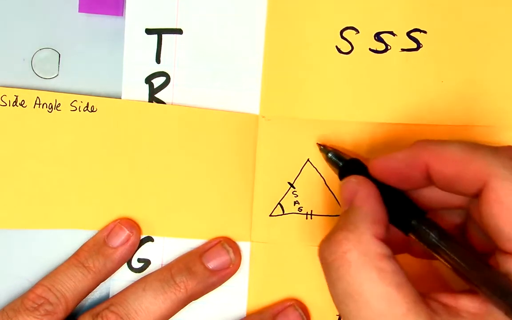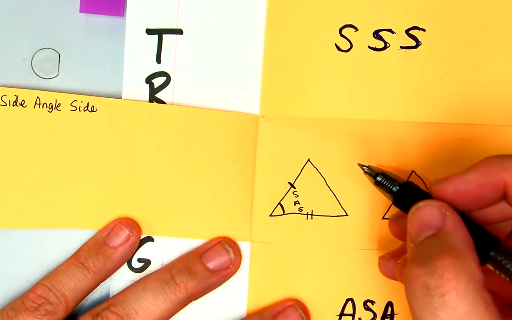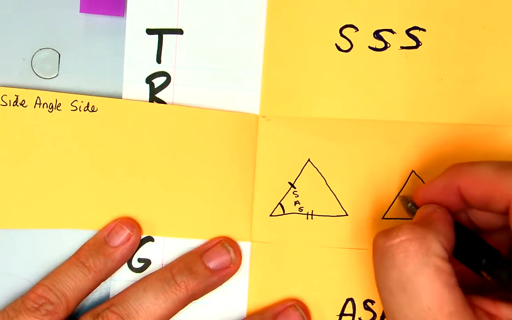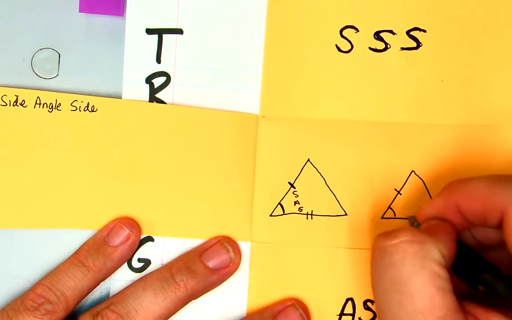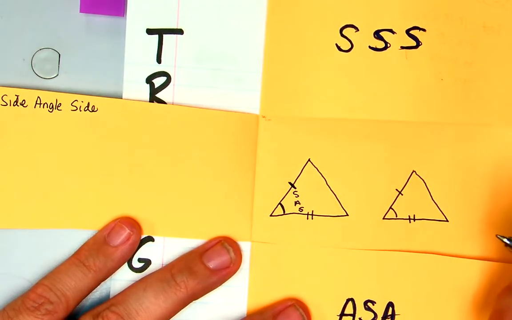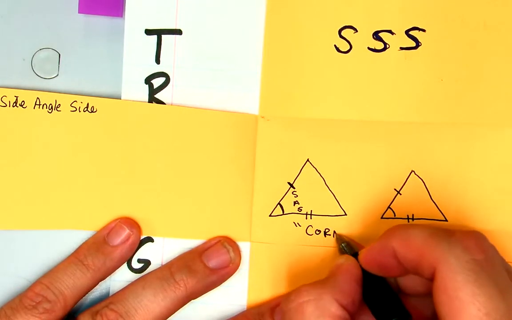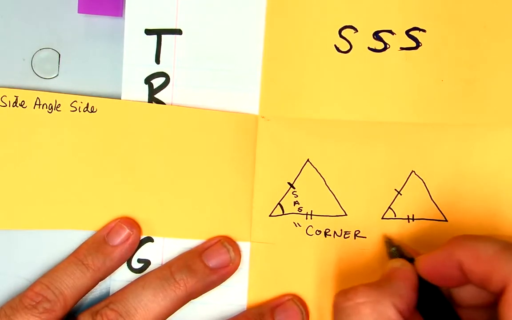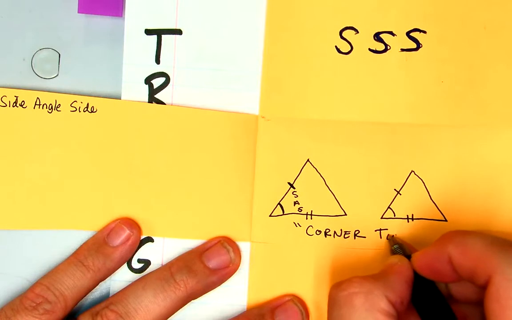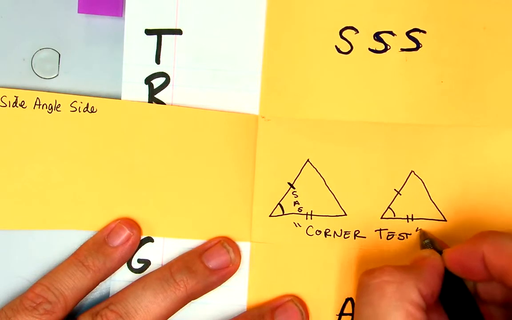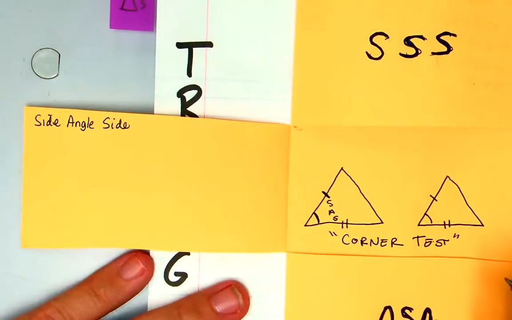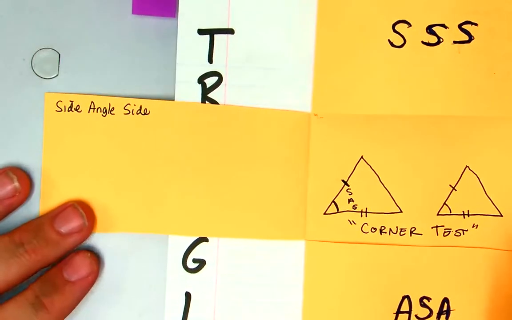I call this the corner theorem. And so this better be congruent to a corner in this. I call this the corner test, because you have to come up with a corner. Now, the wording is a little bit weird.